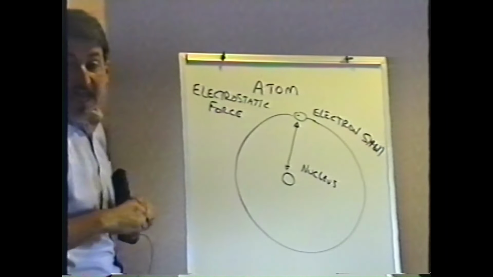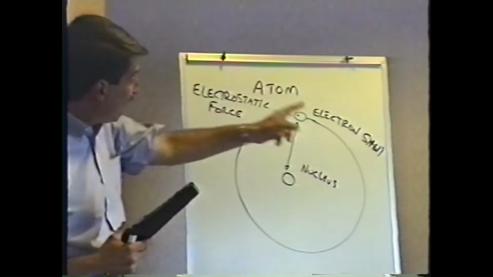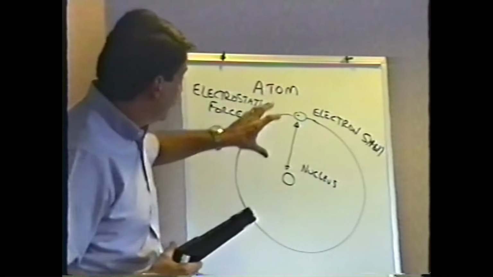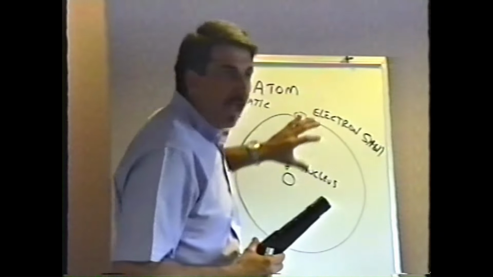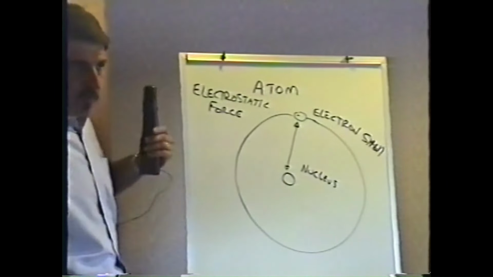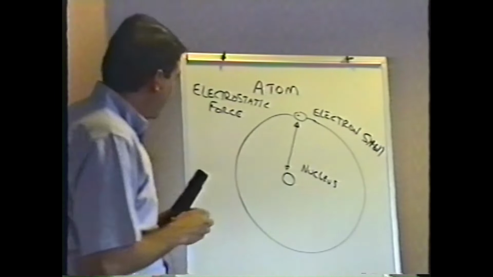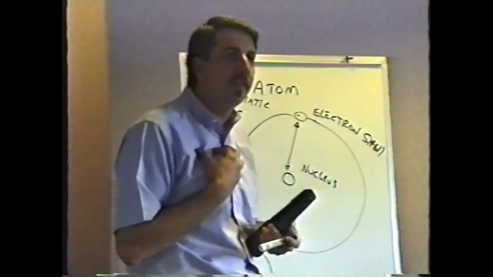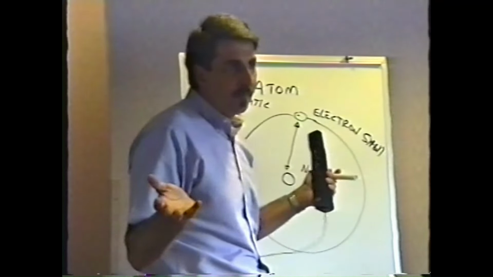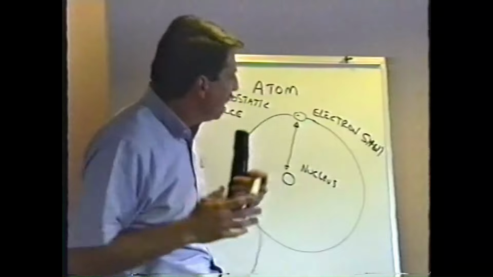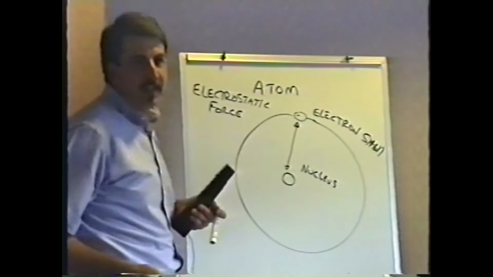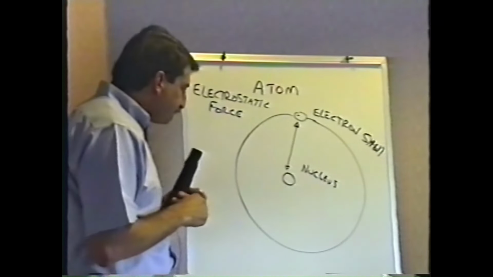And this electrostatic force is what keeps the electron in orbit around the nucleus. It's like an attraction between the orbiting electron and the nucleus. Kind of like gravity, works in a completely different way, actually. And I'm not a physicist, so I can't really tell you exactly how it works. Doesn't help you to fix games to know that anyway. What I just want you to see is that the electron exists here.